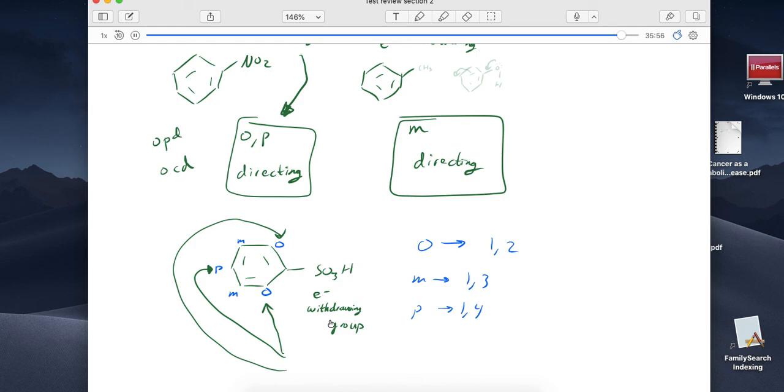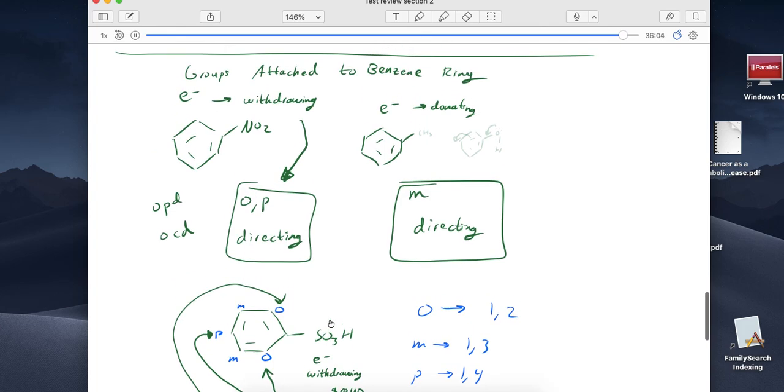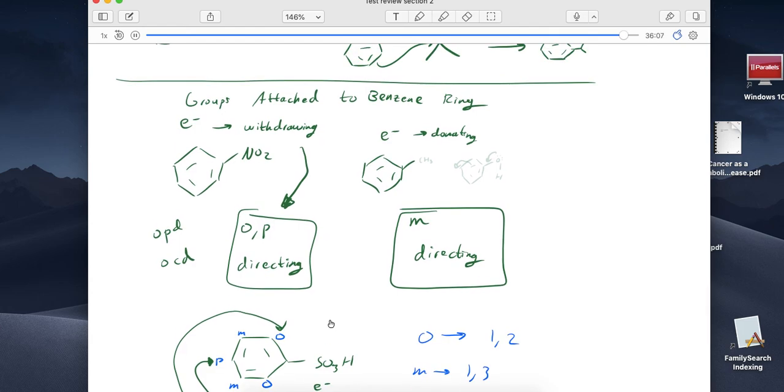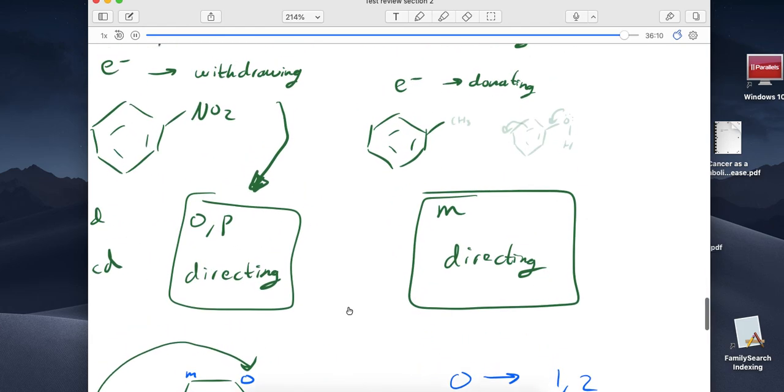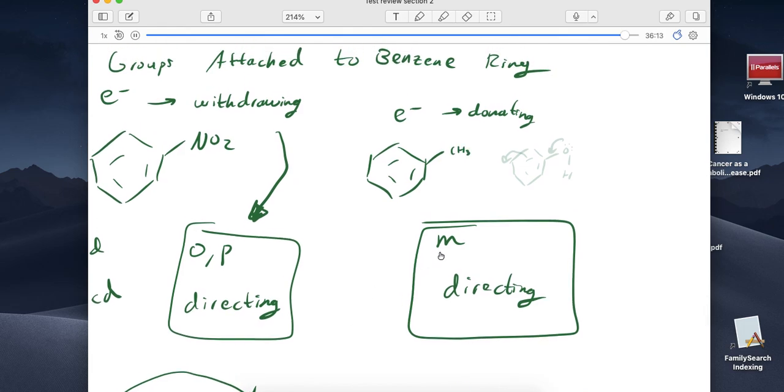Make sense? Like phenol, that'll put its electrons into the ring, and then they'll just swing around like so. You will be asked to explain why it's ortho, para, or meta, based on resonance.